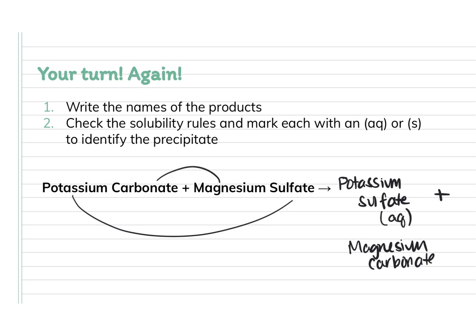All right. And then we have magnesium carbonate, and my rule here is, let me find it. All phosphates, chromates, and carbonates are insoluble except those of alkali metals and ammonia salts. So magnesium is not an alkali metal, so that's going to be a solid. This reaction goes to completion.